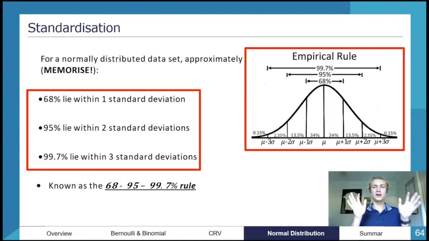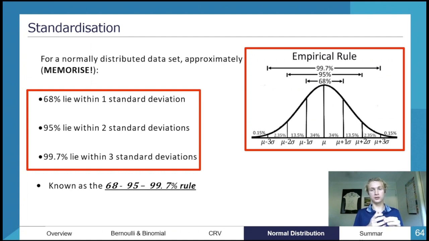Standardization. So you're seeing red. That means you have to memorize these things, and they are really critical that you memorize. A lot of people actually leave this off their study and don't do well because of it. For a normally distributed data set, we use the following approximations: 68% lie within one standard deviation.